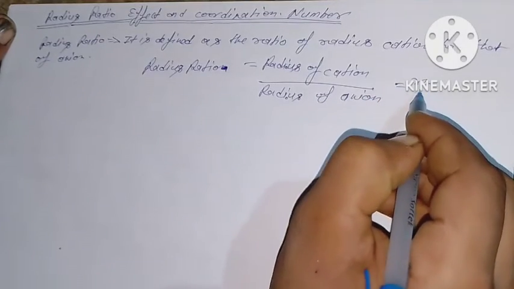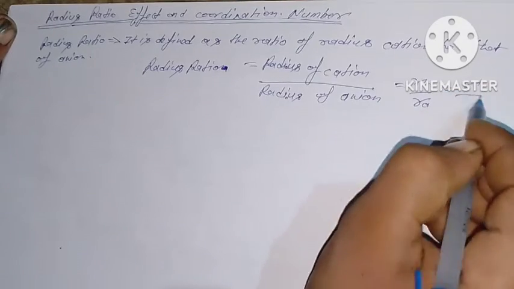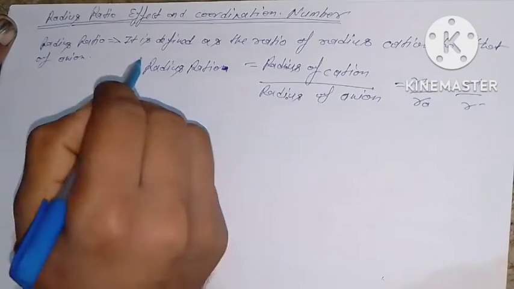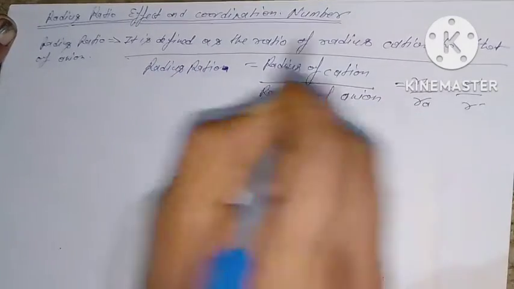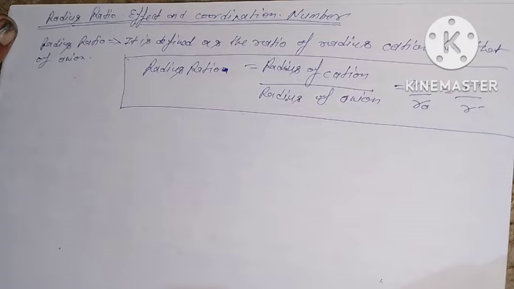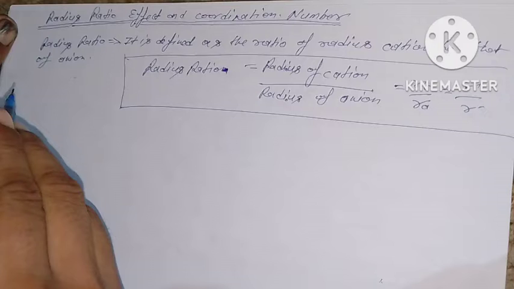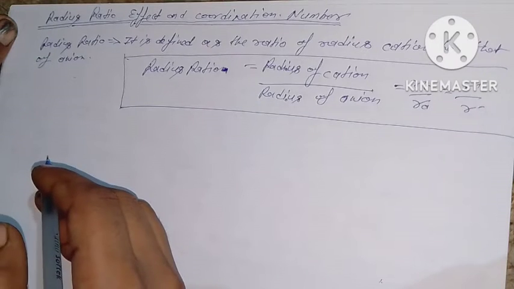That is Rc upon Ra, that is R positive upon R negative ion. This is the radius ratio. Hence, the ratio of radii of positive and negative ions is called the radius ratio.